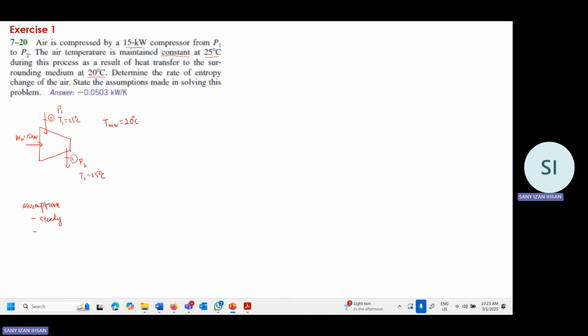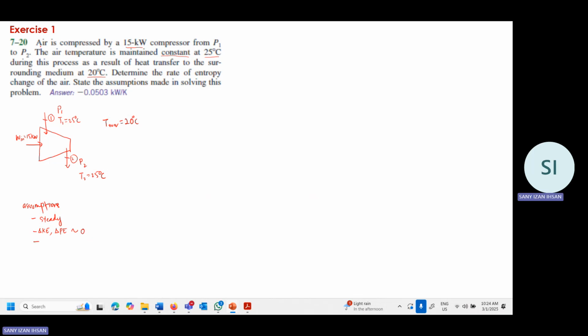Also, since it is steady and we consider the compressor to be relatively small and horizontal, the kinetic energy change we can assume to be negligible, 0.